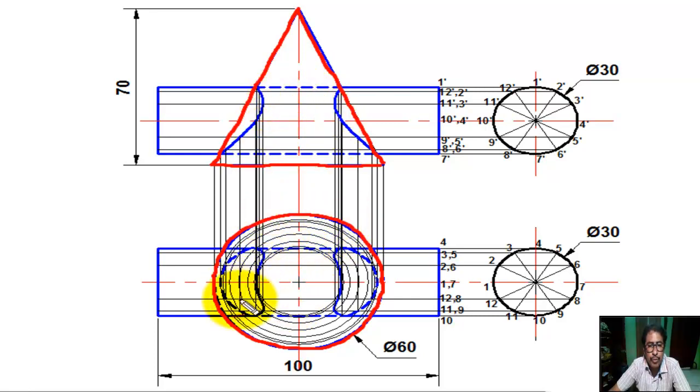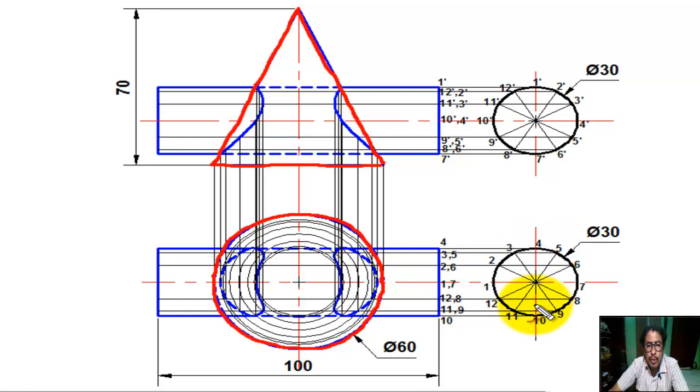The diameter of the cone is 60 millimeter and height of the cone is 70 millimeter. Now on the top view, on the center line, we draw a circle of diameter 30 millimeter.